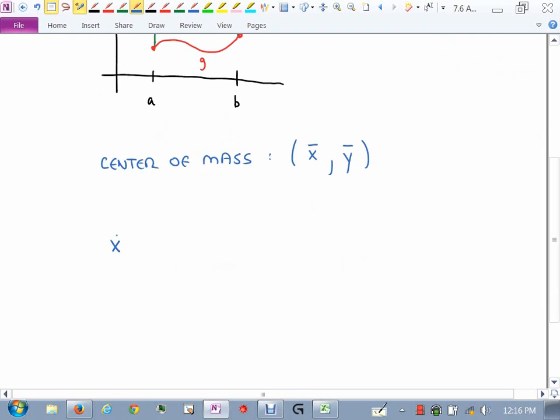x bar will be equal to 1 divided by the area. In other words, you're going to divide by the area, but what are you going to divide by the area? This new integral, which is going to go from a to b of x times f of x dx.